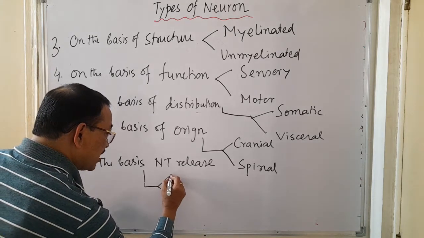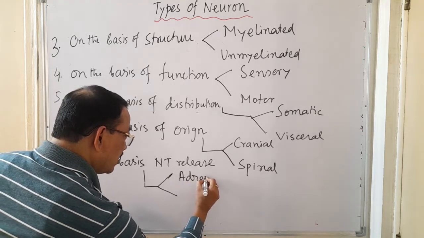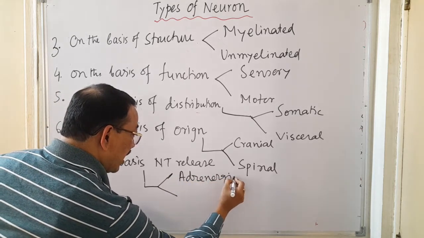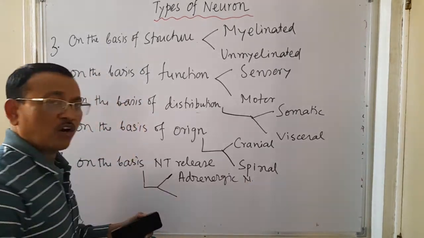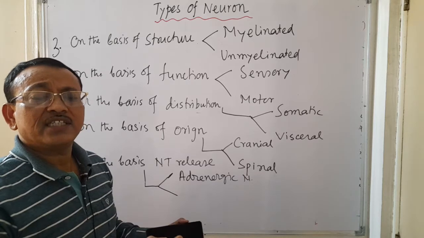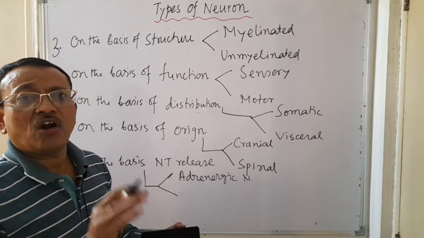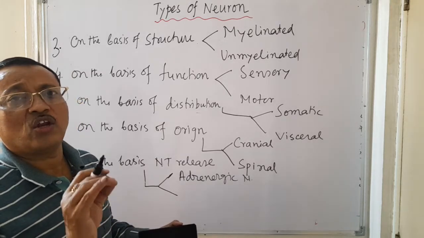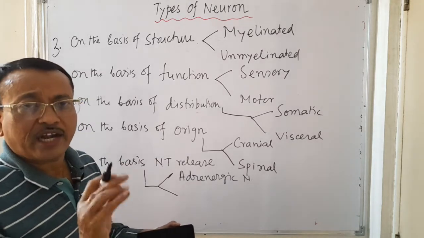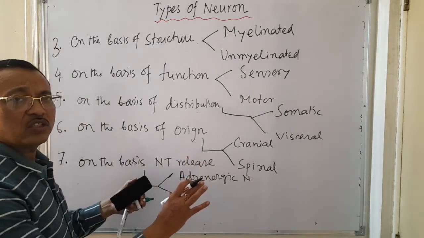First one is known as the adrenergic or noradrenergic neuron, which releases adrenaline or epinephrine and norepinephrine or noradrenaline. So those are known as the adrenergic neurons.